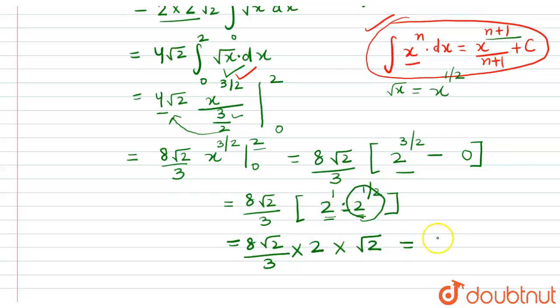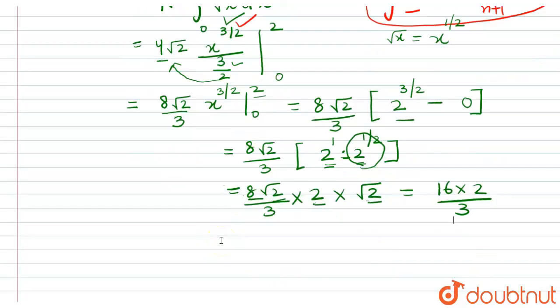When you multiply 8 and 2, you get 16, and when you multiply under root 2 and under root 2, you get 2. So 16 times 2 is 32 divided by 3. This is our required area in square units.